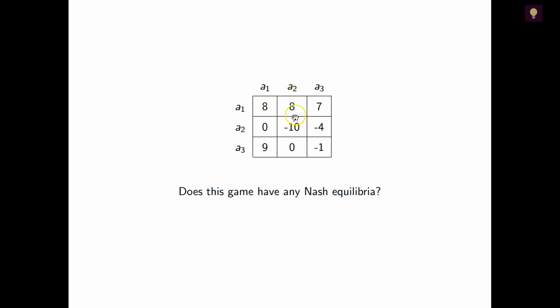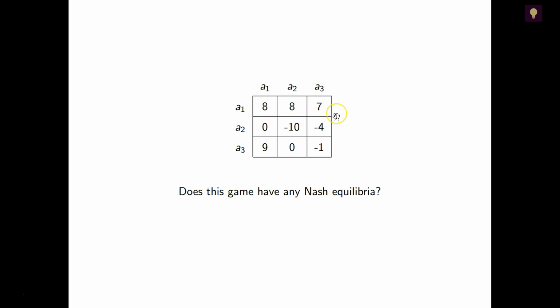Well, here, player 2 does indeed have an incentive to deviate because they're going to get -8 at A1, A2, but if they move to A3, they're only going to get -7. They do a little bit better. So given that player 1 is playing A1, player 2 wants to play A3.